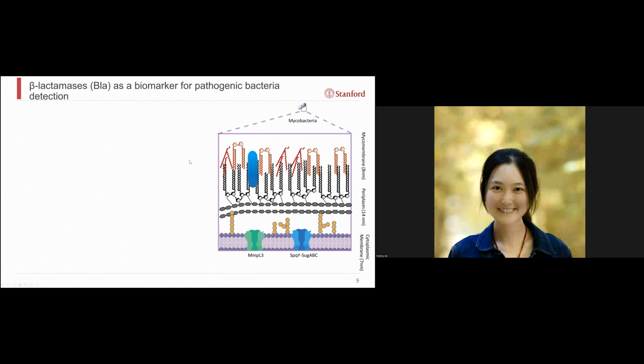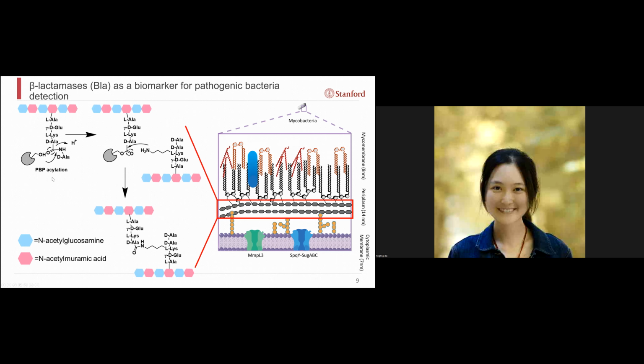To understand this enzyme, we have to understand the bacterial cell wall structure. In this area called the periplasm, there's an enzyme called penicillin-binding protein. This protein's job is to cross-link two small peptides in order to form this very thick and strong layer to hold the shape of the bacteria.